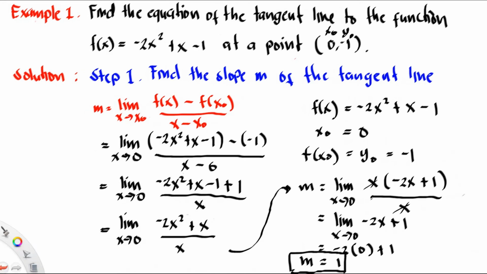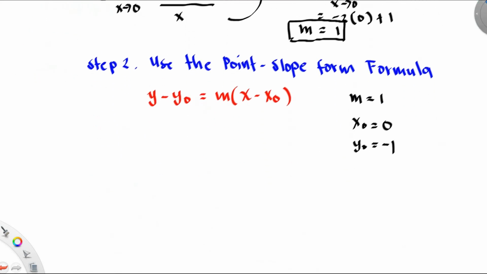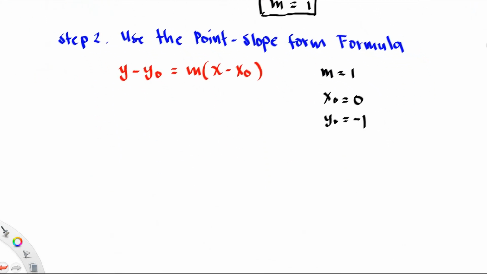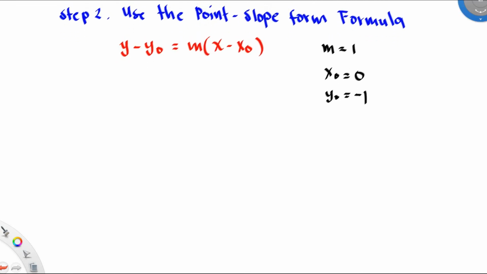Since we already have the information that we need, our next step is to use the point-slope form formula to solve for the equation of the tangent line. That is y minus y sub 0 equals m times x minus x sub 0.